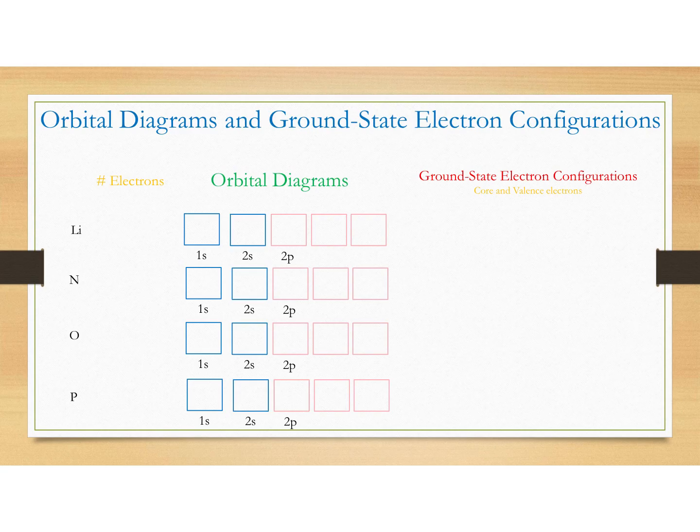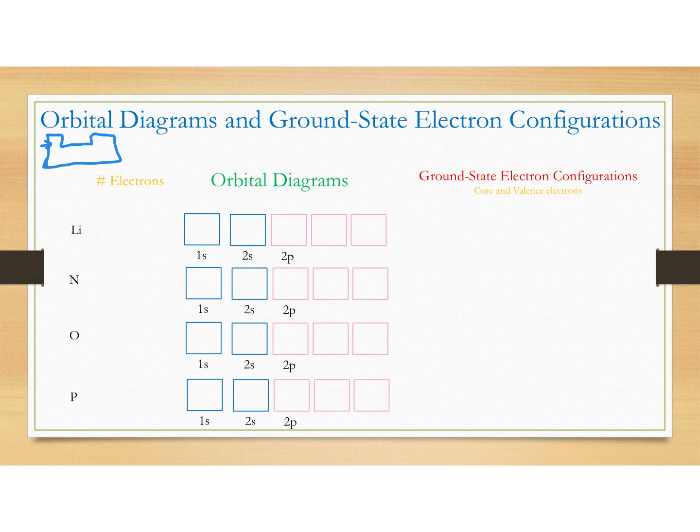Period, I mean the rows down. In my rough drawing here, I find lithium. Lithium is in the second period down.